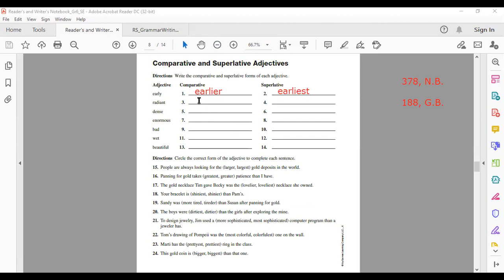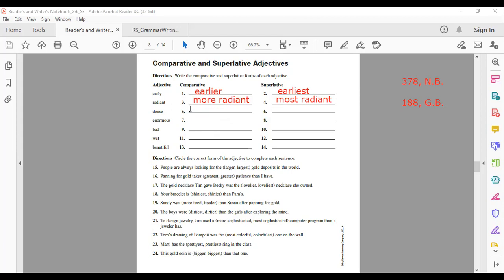Radiant. Radianter? No, it's long. More radiant. Very good. And then superlative, it will be the most radiant. Excellent.